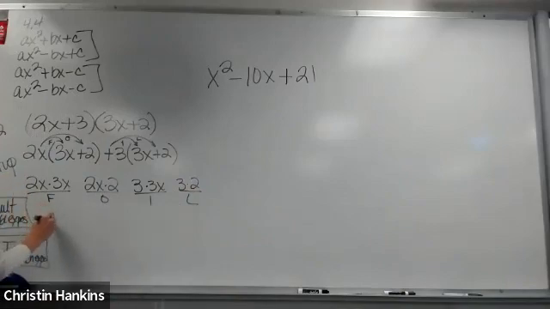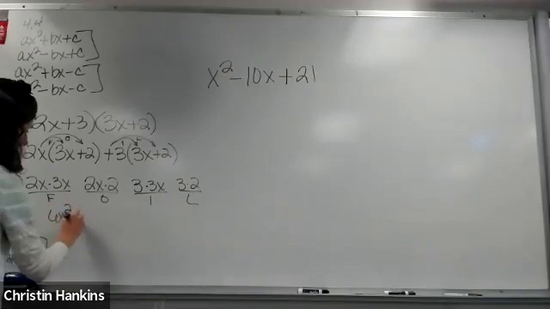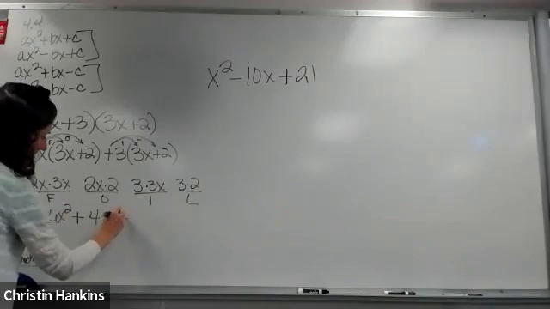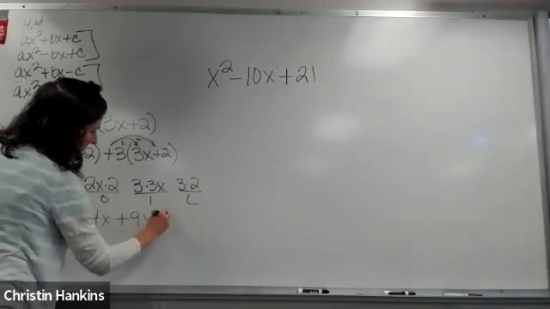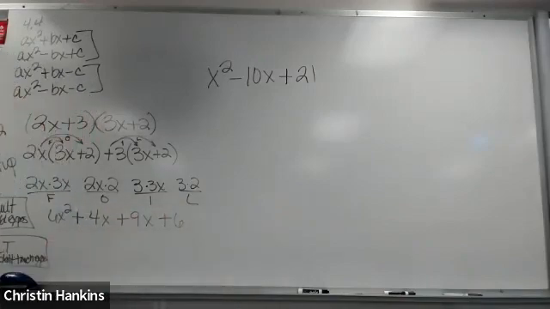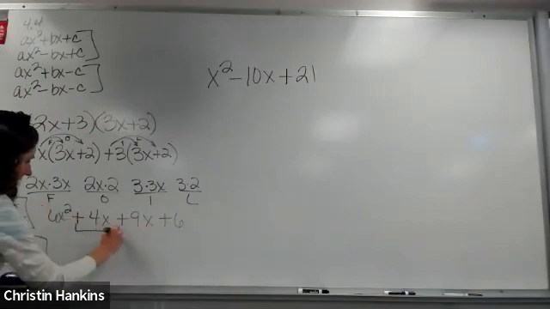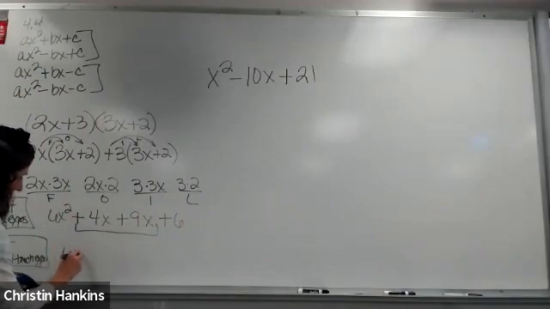So the multiply step is to add the exponents, and that's going to be a 6x squared plus 4x plus 9x plus 6. And the last step is to combine like terms. The only like terms are the middle ones again, and that's your O and I.